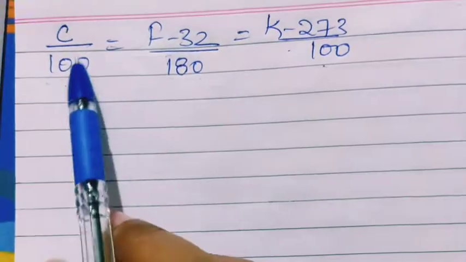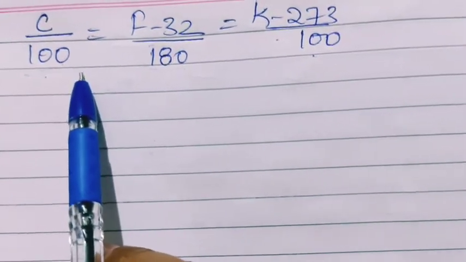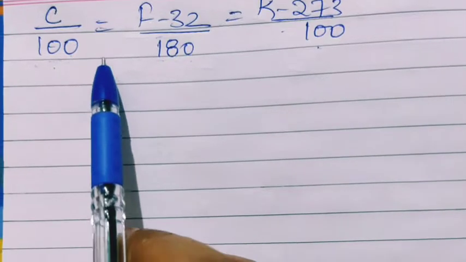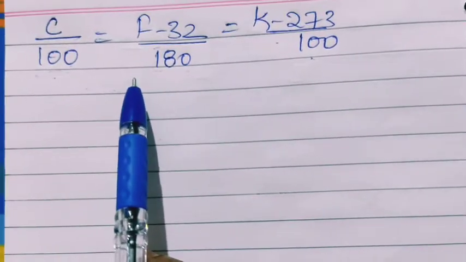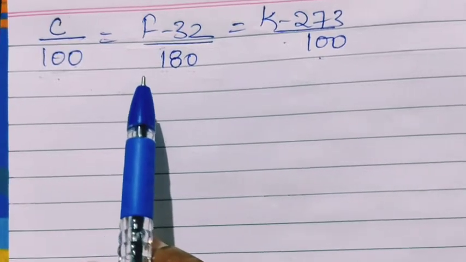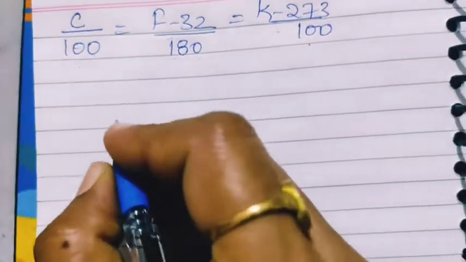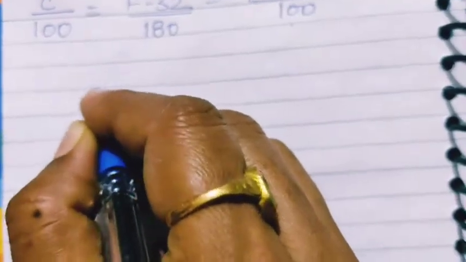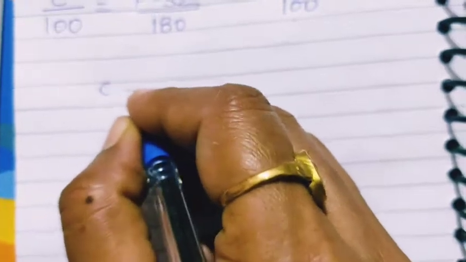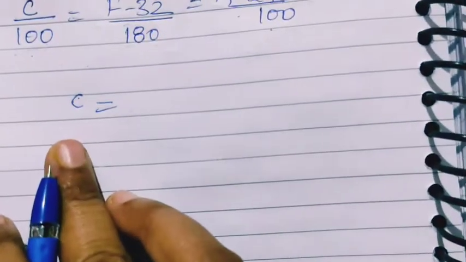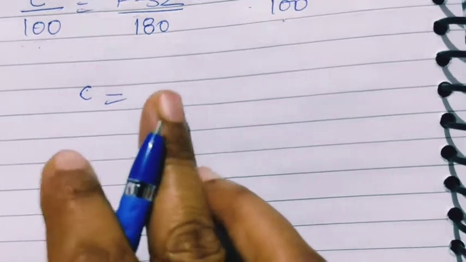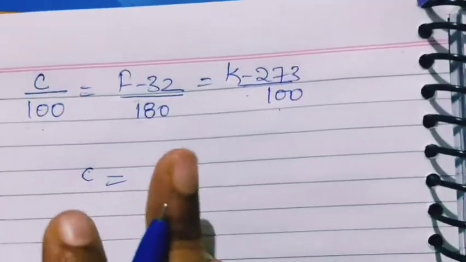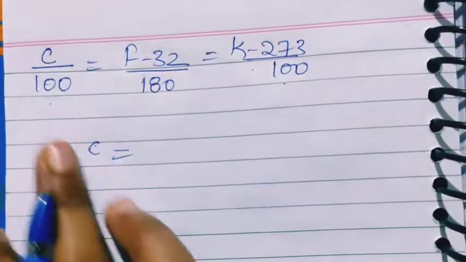From this equation, the temperature can be easily converted from one scale to another. If it is given in Celsius, we can find the Fahrenheit, and if it is given in Fahrenheit, we can convert it into Celsius or Kelvin.